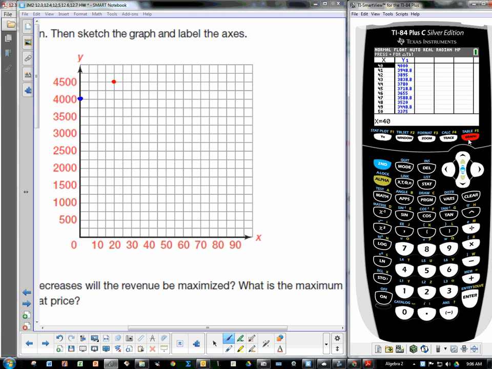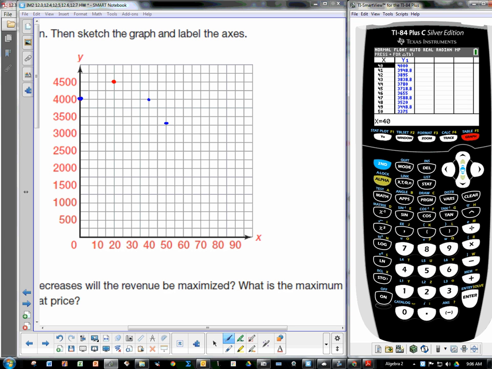How about we find at 50? Look, there it is. 50, 3,375. All right? Tell me when to stop. Probably about right here. Okay, maybe a little high, right about here.